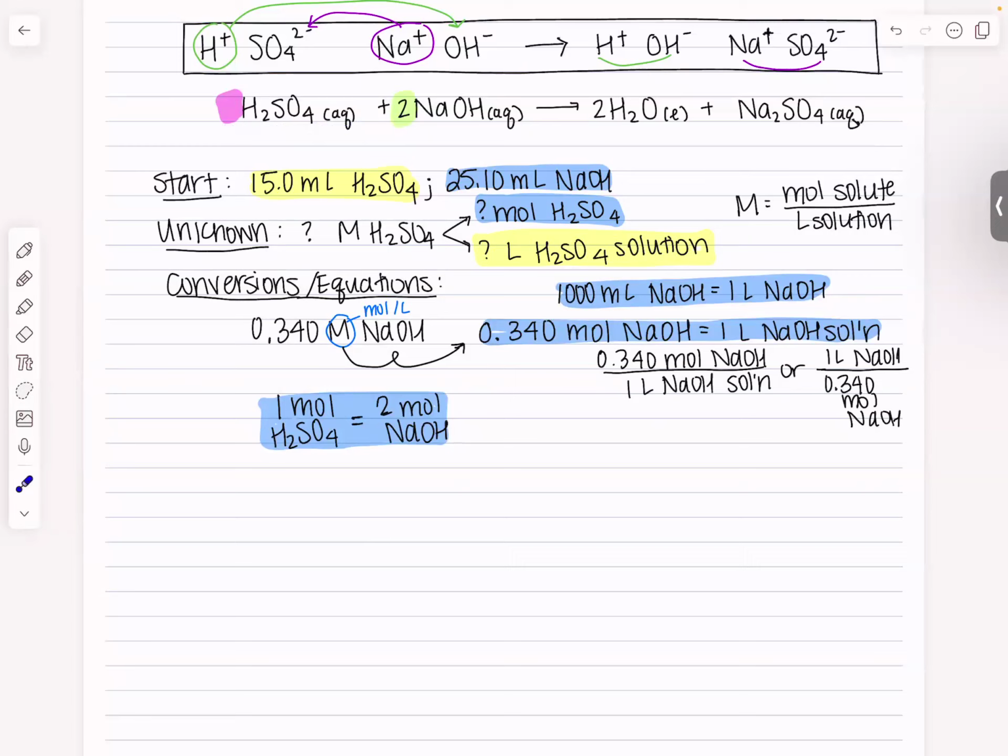So 1-to-2, 1-to-2. For the yellow part, I just need a milliliter to liter conversion, but instead of NaOH this time, we have H2SO4. And so that's going to help us go here. I've tried to color code it for you to see what conversions you're going to use. So if you want to pause and try to set this up, go ahead and do that.